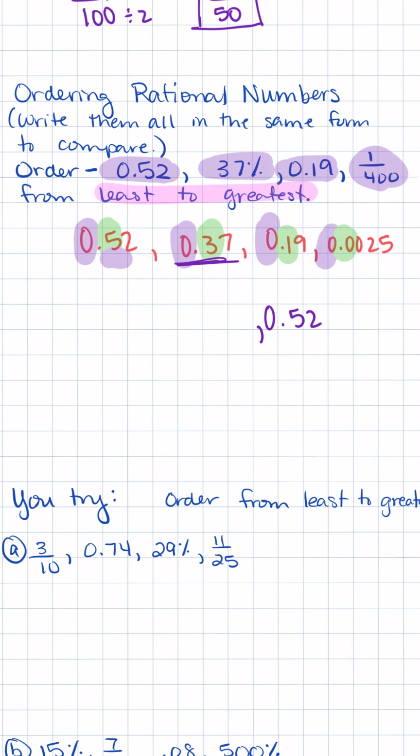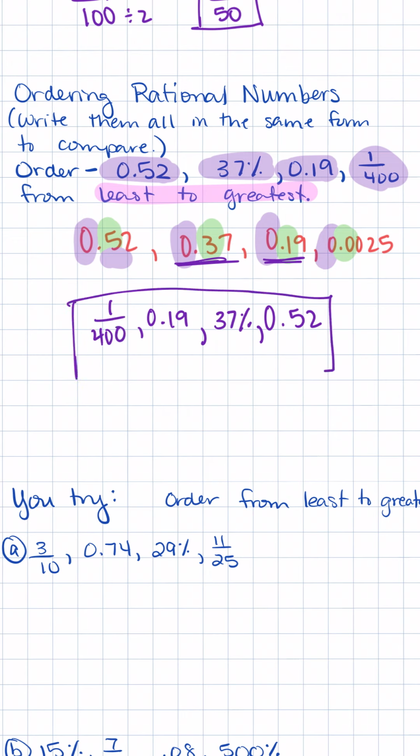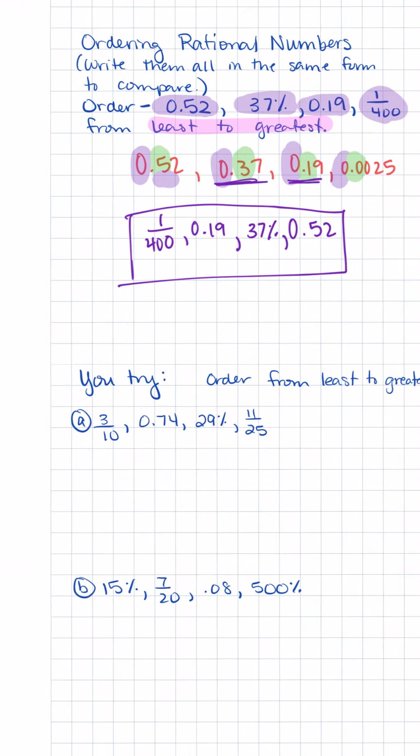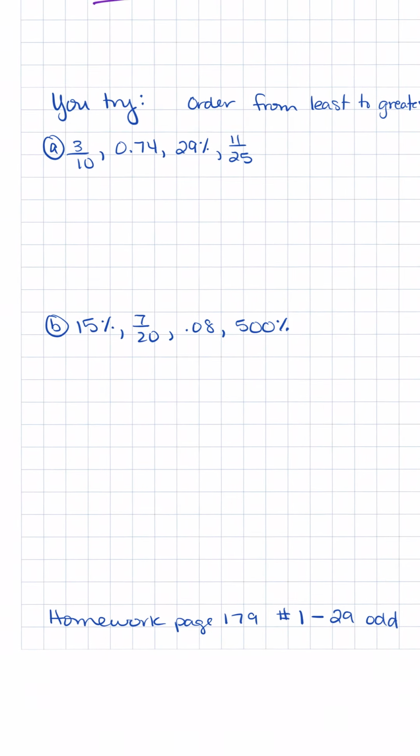So that means that 37% is the next smallest. And then the 1 is the next smallest. That was originally in decimal form. And our smallest, 1 out of 400. That is our answer. So you go ahead and try the next 2 on your own.